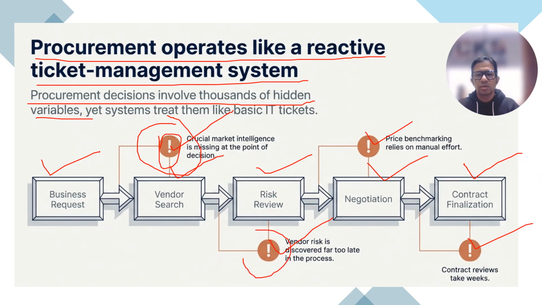See this one. Second warning: vendor risk is discovered far too late. This is huge. In real life, risk is not just one thing. It's sanctions, export controls, ESG, financial stability, delivery reliability. But in many organizations, the risk review happens only after the sourcing path is already decided.